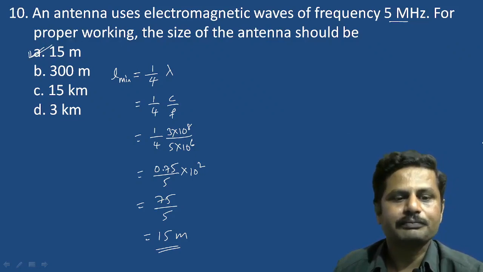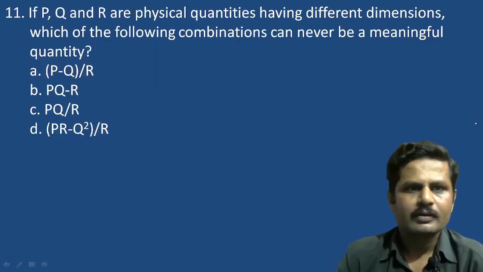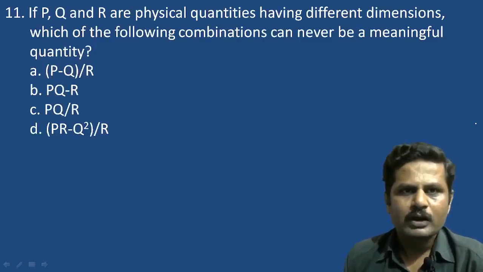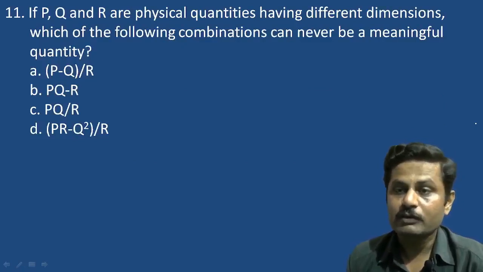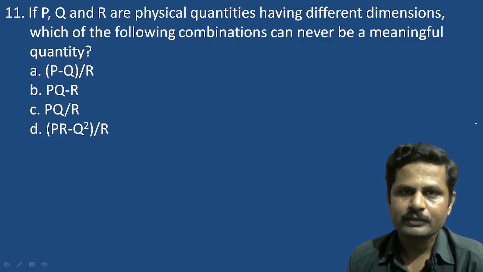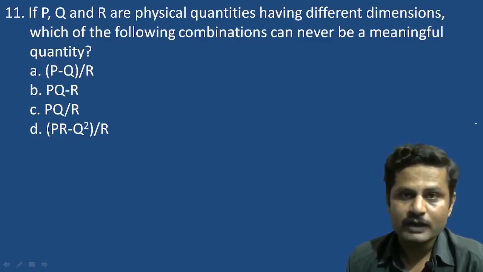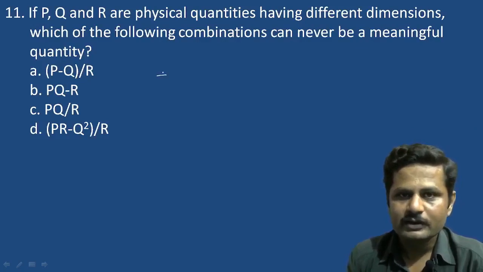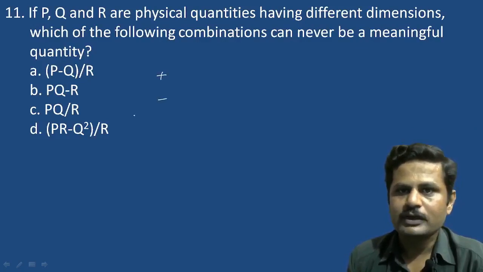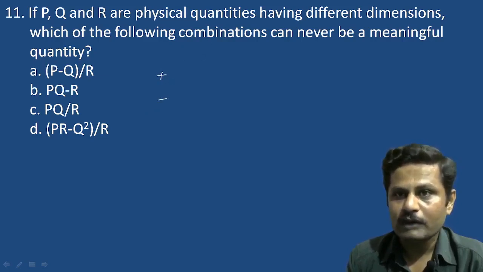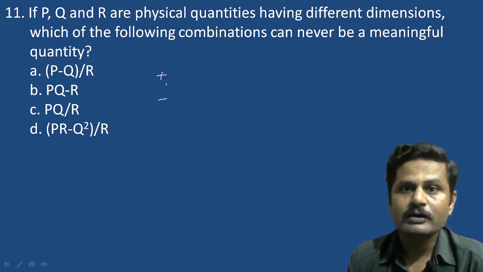That is, if P, Q and R are physical quantities having different dimensions, which of the following combinations can never be a meaningful quantity? As we all know that according to the principle of homogeneity of dimensions, direct addition or direct subtraction between two quantities which have different dimensions is not allowed, or it is not possible.